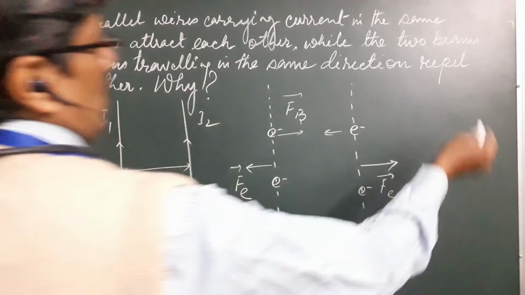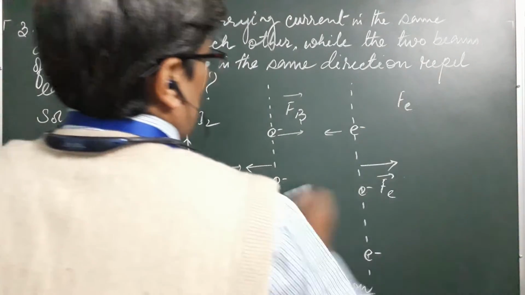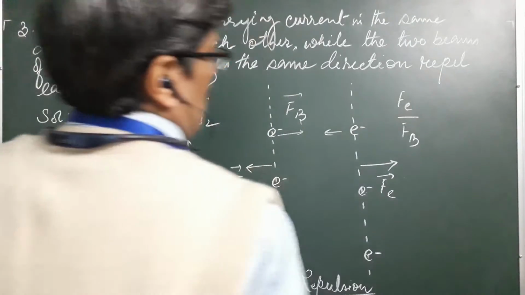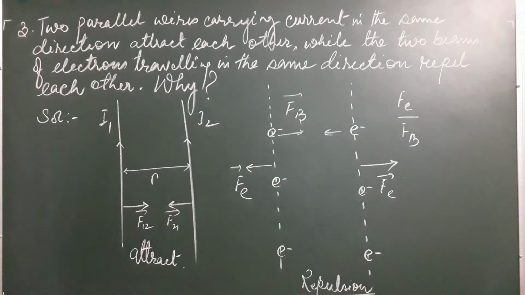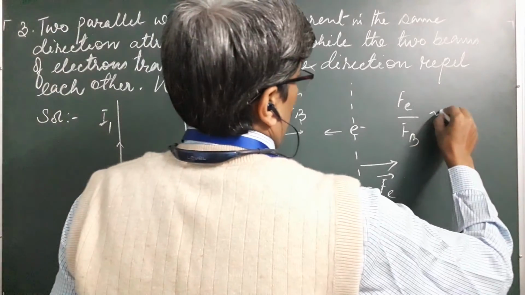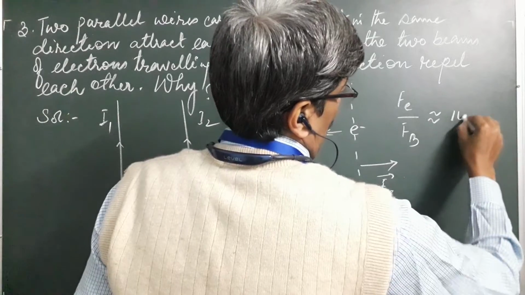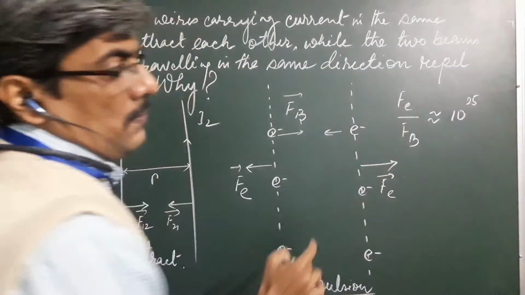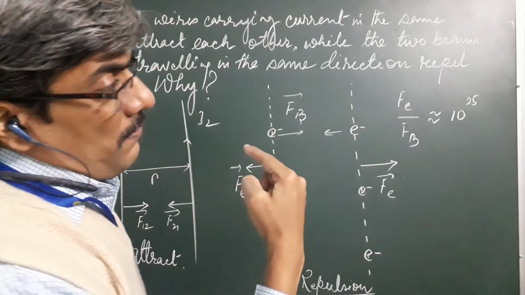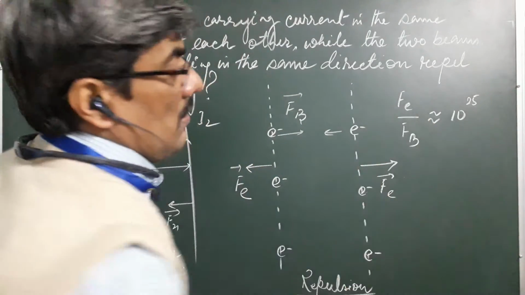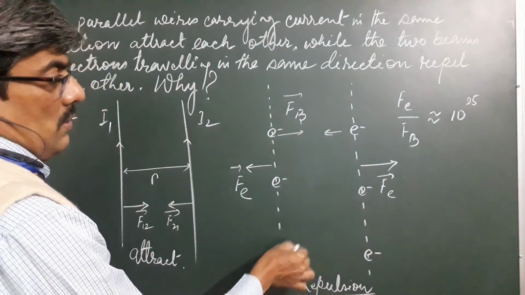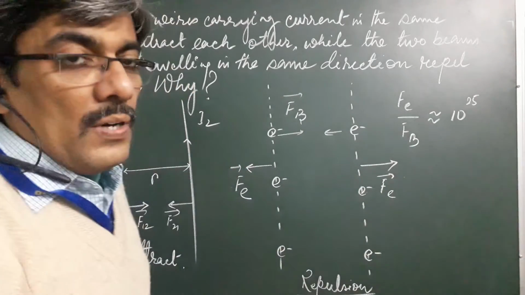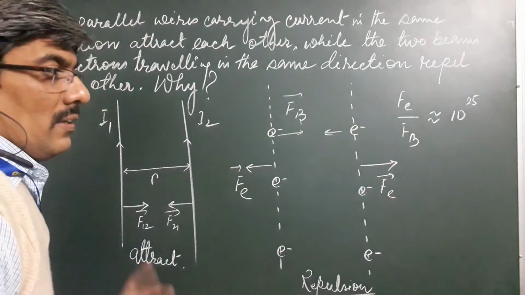In fact, if I try to have a ratio of the force of electrostatic to the force of magnetic nature, it's of the order of around 10 to the power 25. That means electrostatic force is almost 10 to the power 25 times stronger than the magnetic force. Thus, these streams of electrons will effectively be repelled sidewise rather than getting attracted. This is the reason.